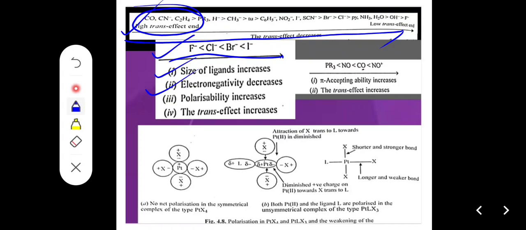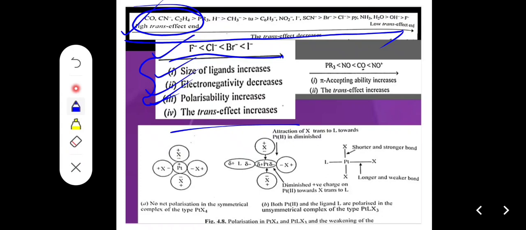As their charge density decreases, they attract electrons less towards themselves. And polarizability increases, because the charge density decreases and their size increases. They are more diffused in nature when they go top to down. So in that case, their polarizability increases. And due to these three reasons, that is size, electronegativity and polarizability, the trans effect also increases.